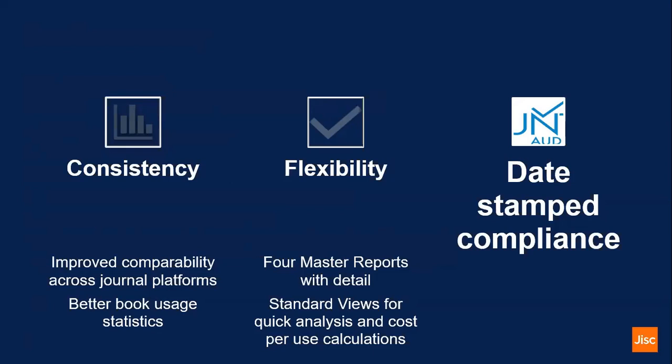This is both across journal platforms and particularly, as many of you will know, in the area of book usage, where the BR1 report looked at whole book downloads, the BR2 looked at books that could be downloaded or viewed by section, and those two reports were not comparable. In Release 5, we think we've now addressed that. Also, as I said, there were a couple of dozen reports in the end in Release 4. In Release 5, we've boiled that down to 4 master reports.